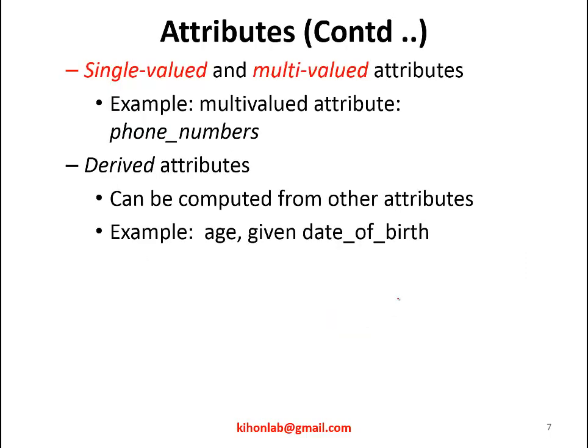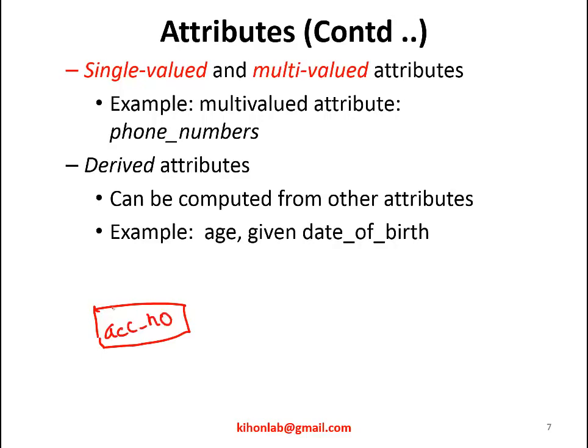Next, we can classify an attribute by what type of values can be stored in that particular cell of an attribute. It can be single valued or multi-valued. With a single valued attribute, only a single value can be stored, for example account number.